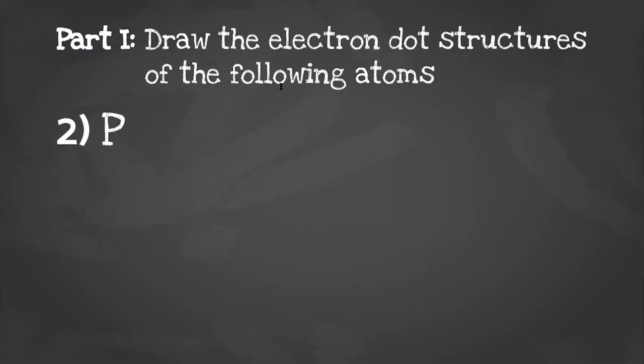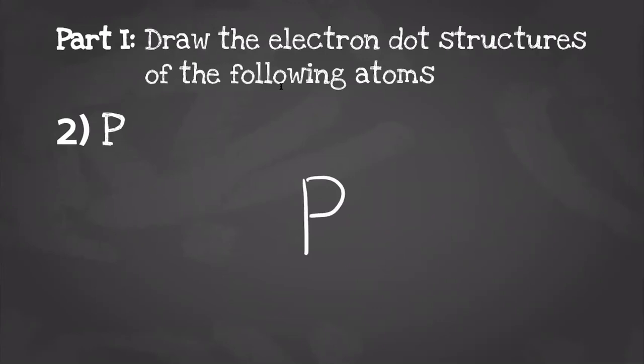Let's move on to our next one. Next, we have phosphorus. Phosphorus is in the 3rd period and in group 15. So that means it's going to have 5 electrons in the furthest shell, 5 valence electrons. 2 from the s orbital and 3 in the p orbital. So I'm going to draw my chemical symbol for phosphorus, P, and then I'm going to add 5 electrons.